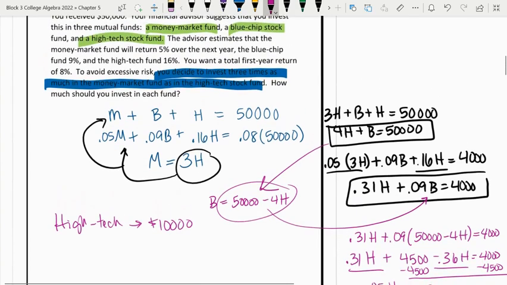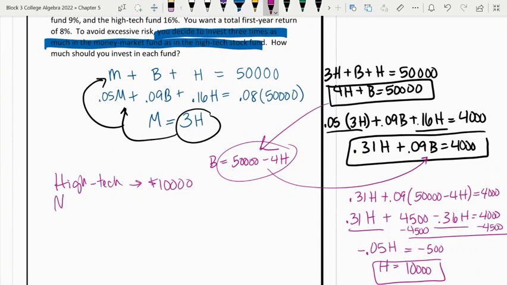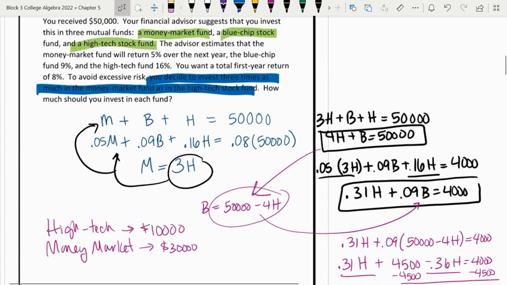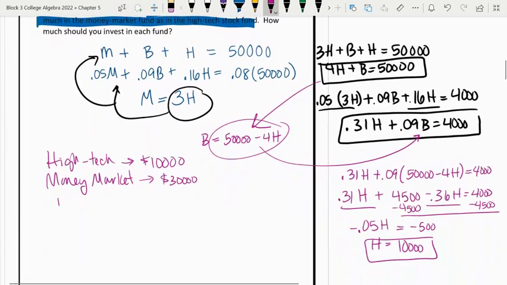The M, or the money market, is 3 times H, so that would be 30,000. And we know we only have 50,000 to invest, so that means the blue chip will also get $10,000.